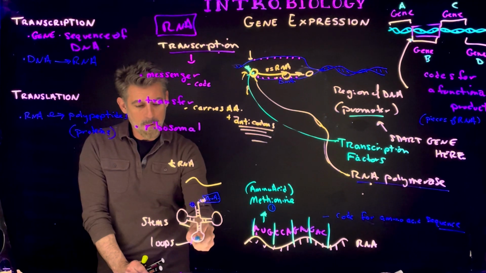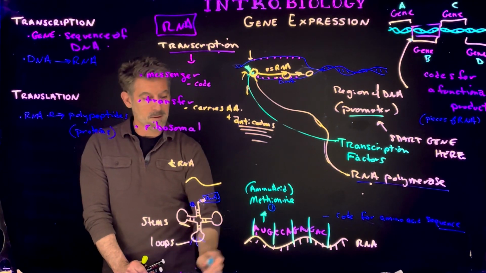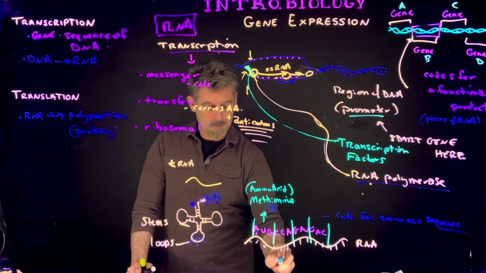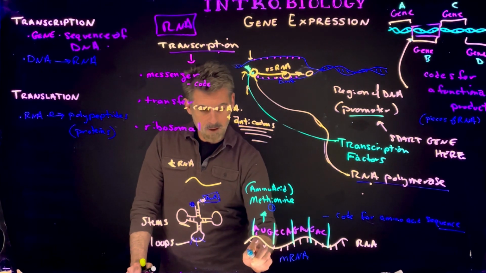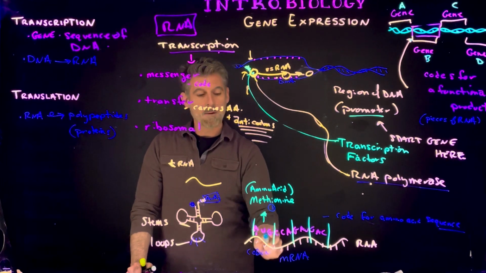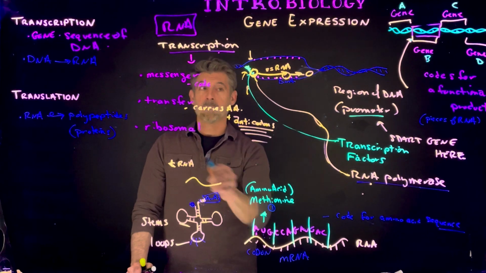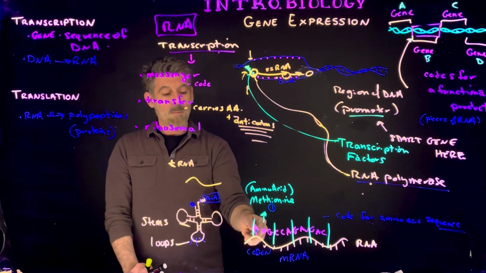Down here in the bottom loop is the one called the anticodon loop. Say, for example, for methionine, the messenger RNA has the codon for the amino acid methionine as AUG. Remember I did a little pairing up here, the complementary bases. What pairs with A?